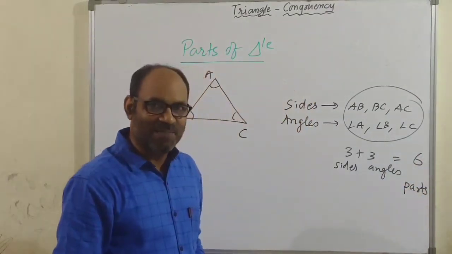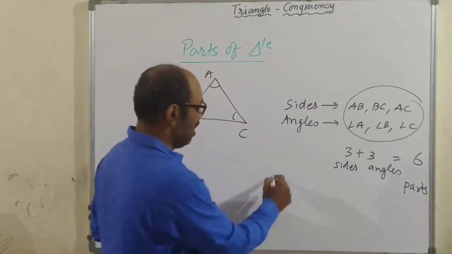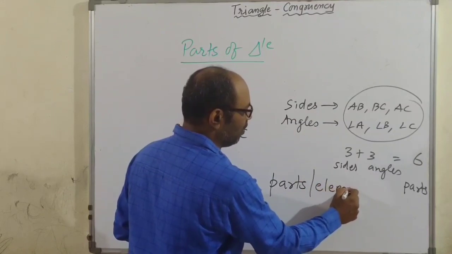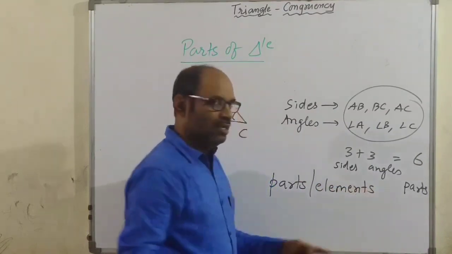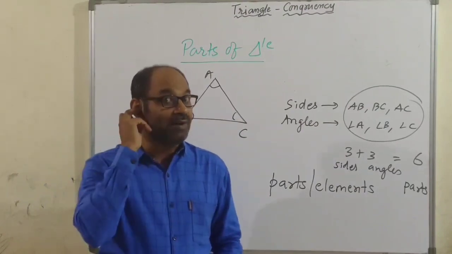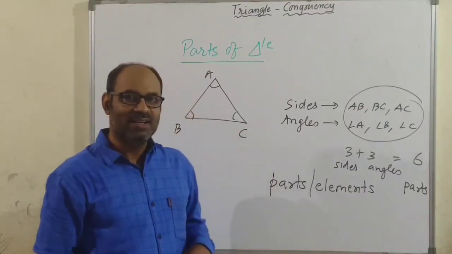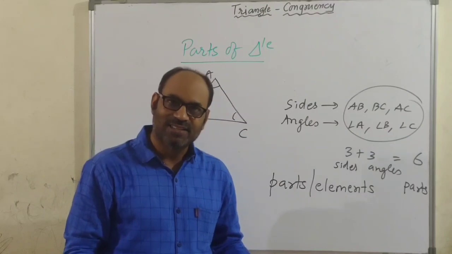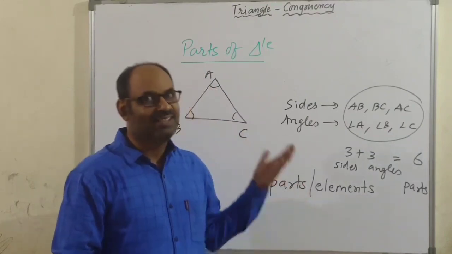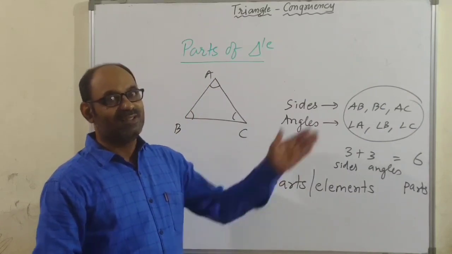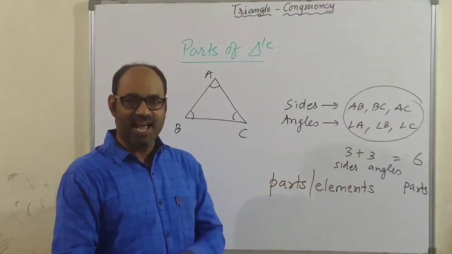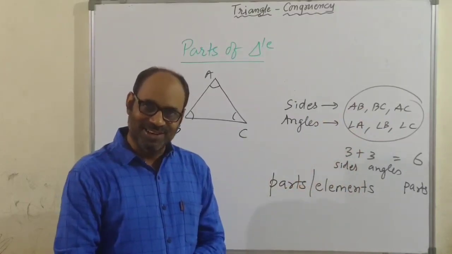So a triangle has how many parts? 6 parts. Either you may call them parts, or sometimes the word used is elements. So if you come across the word element, remember it is a part of a triangle. A triangle has 6 parts. A triangle has 6 elements, and those 6 elements are 3 sides and 3 angles. Is that clear to you?